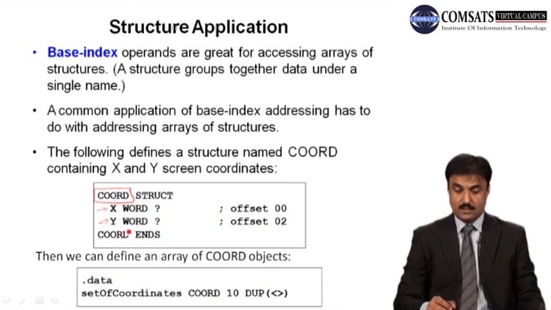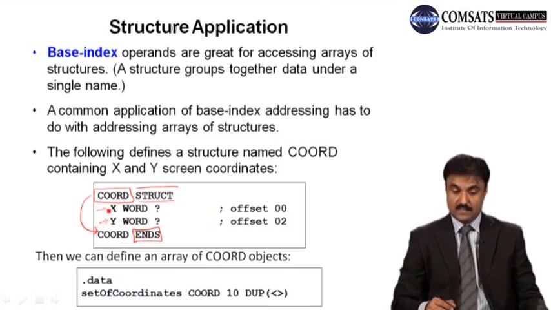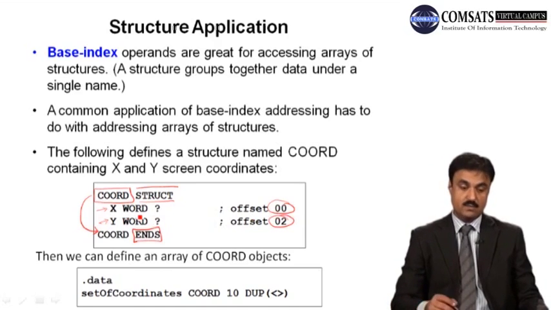When we define a structure, it starts with the keyword STRUCT and ends with ENDS, end structure, and the end line must have the same name, COORD, for coordinates. In this structure there are 2 fields. The X field is a word, and its offset is 00, and the next offset is 02 because a word occupies 2 bytes, and so on.